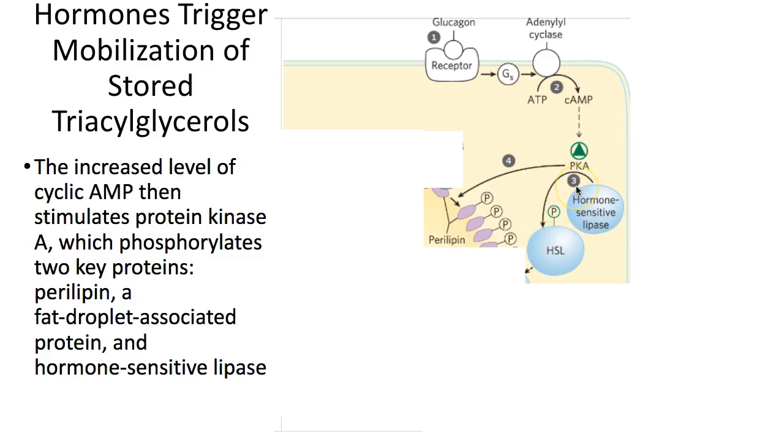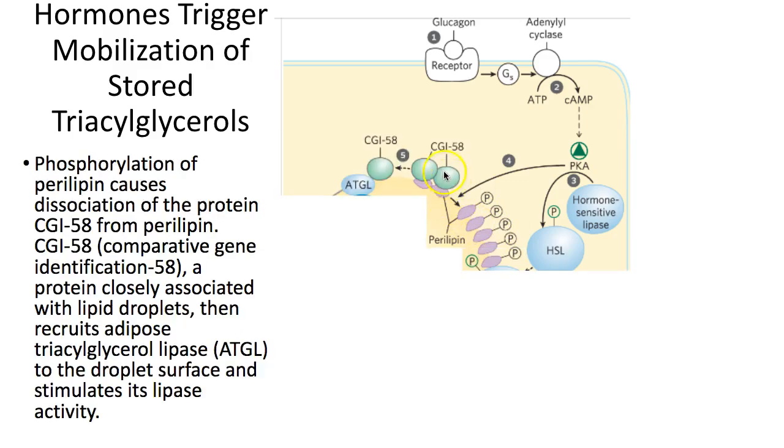But phosphorylation happens not only on the hormone sensitive lipase, but also on the surface of this fat droplet, which is also called the perilipin. You see you have phosphoryl groups on the surface of this fat droplet. But what's also on the surface of this fat droplet is another protein.